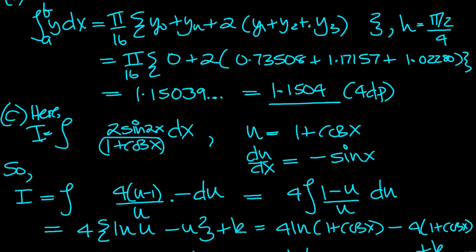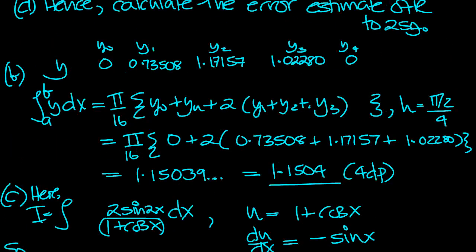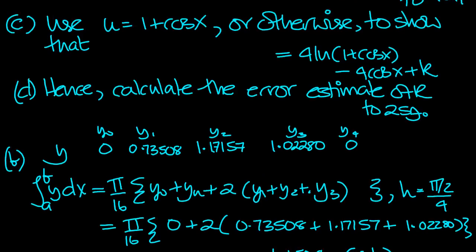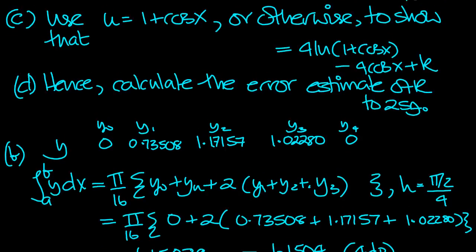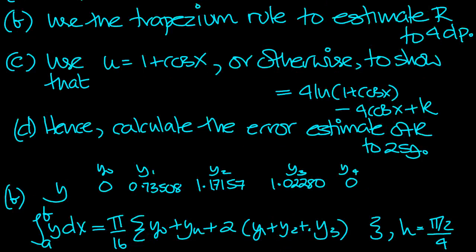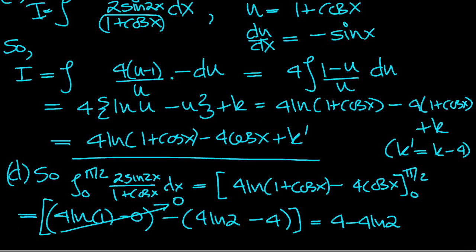Okay, so now that was part D rather, we want the error to two significant figures. Okay, so the error then. So error is equal to this value, 4 minus 4 ln 2.